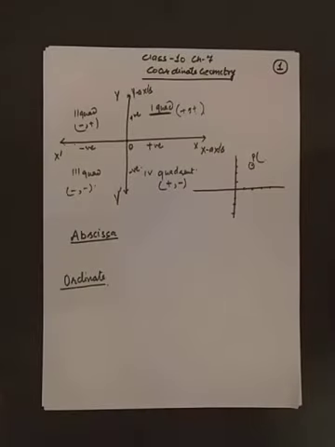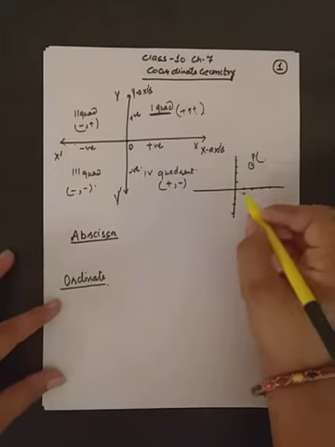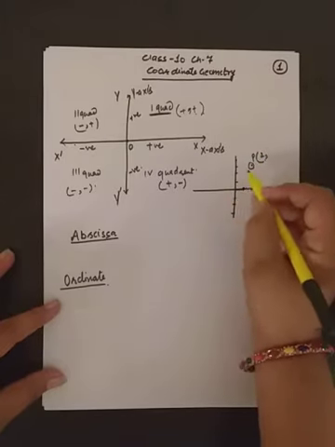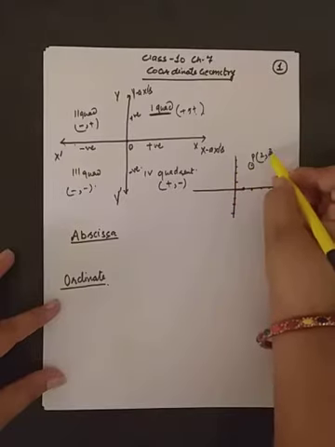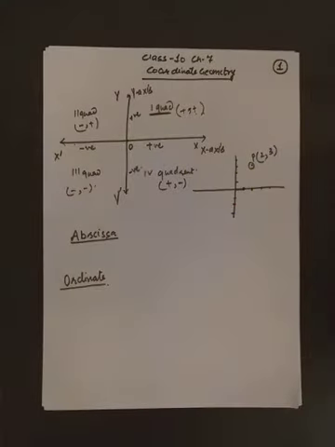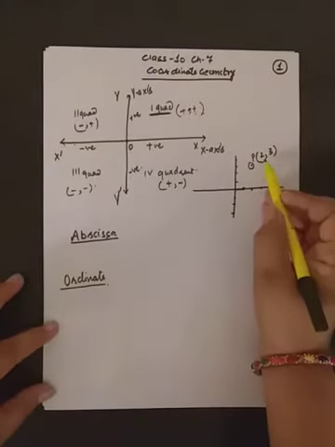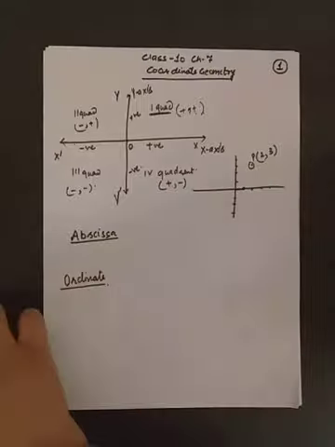Yes, we can. The coordinates of this point are, this is 2 and this value is 3. So we can say the coordinates of point P are 2 and 3, where 2 is known as the abscissa and 3 is known as the ordinate.